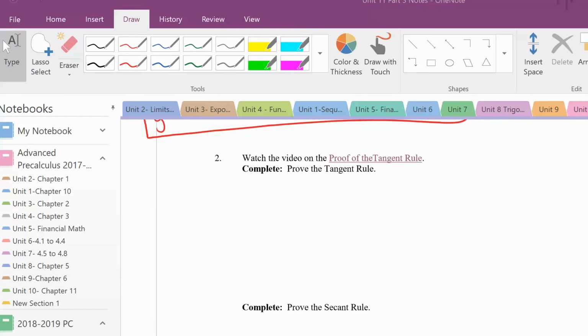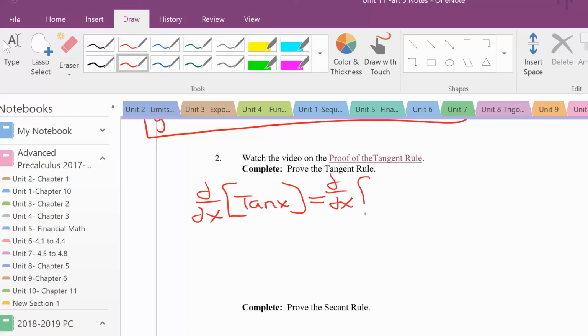All right, so proving the tangent rule. That's equal to the derivative of sine over cosine.